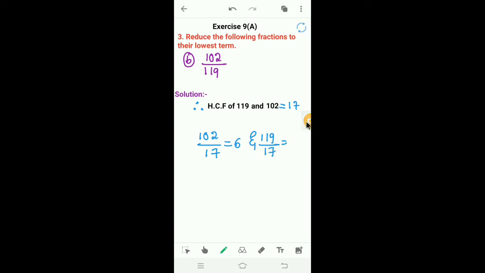When we divide 119 by 17, then the answer is 7. Therefore, 102 by 119 is equal to 6 by 7. Here 6 by 7 is the lowest term of 102 by 119.